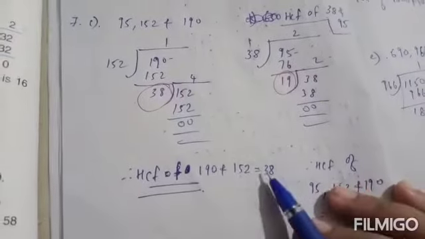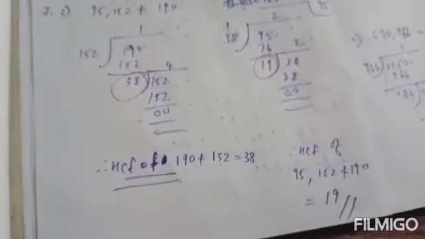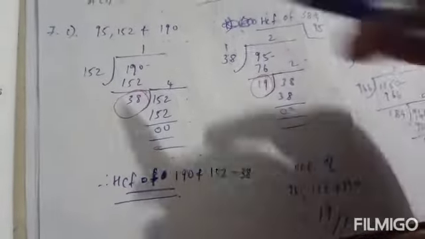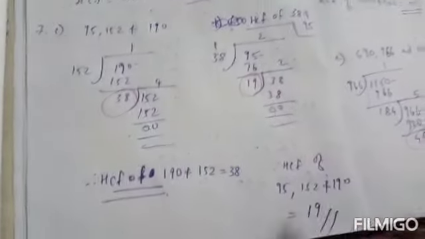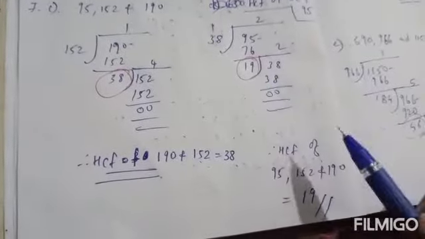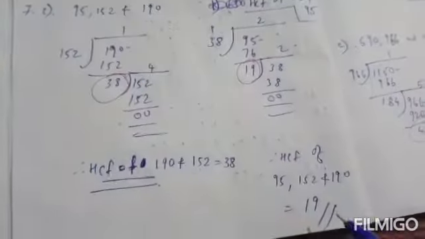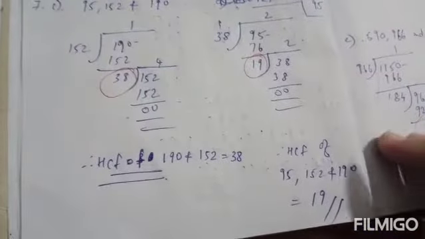You will get 38. Then finding the HCF of the HCF we got and the smaller number, we will get HCF 19. That is the HCF of 95, 152 and 190. Okay, so the answer is 19.